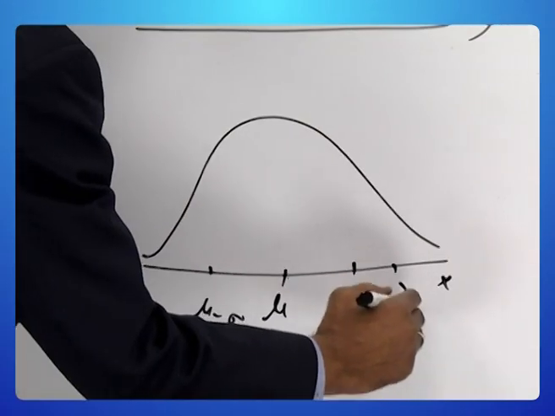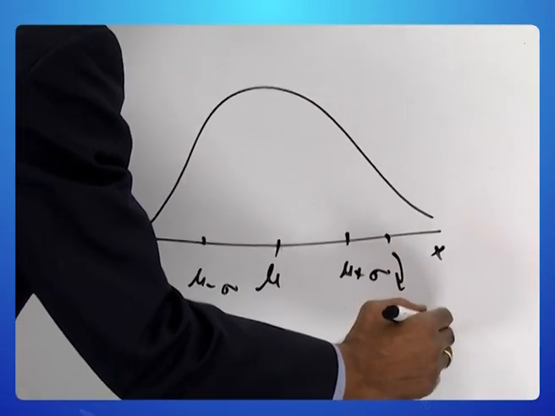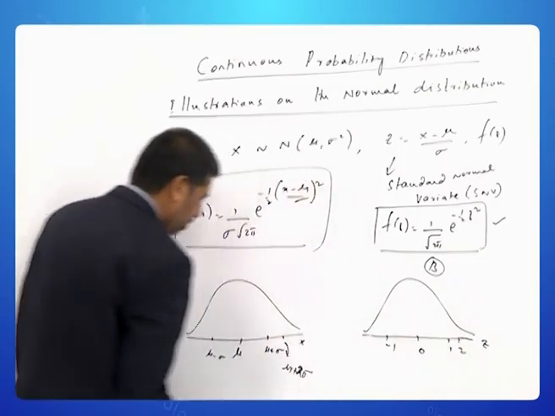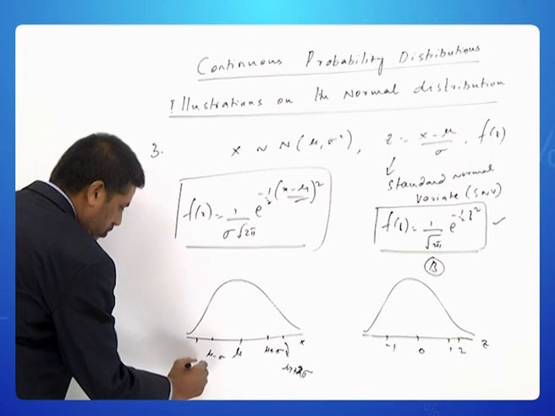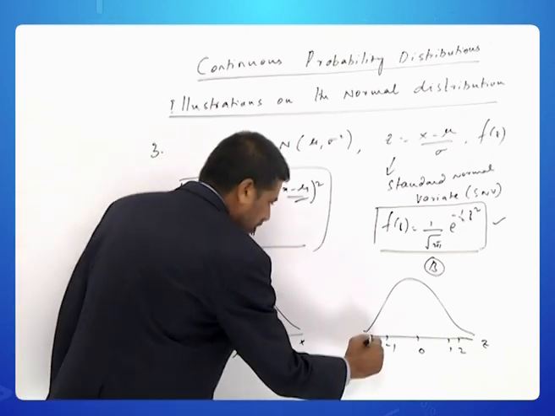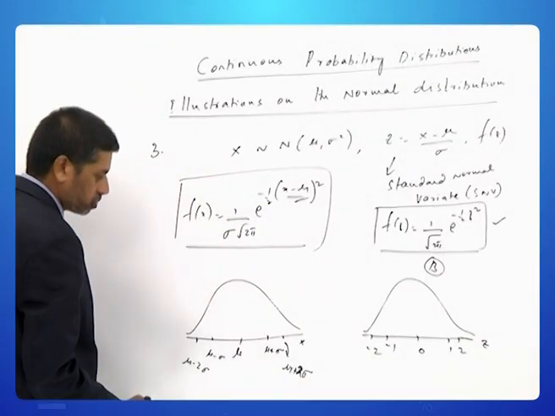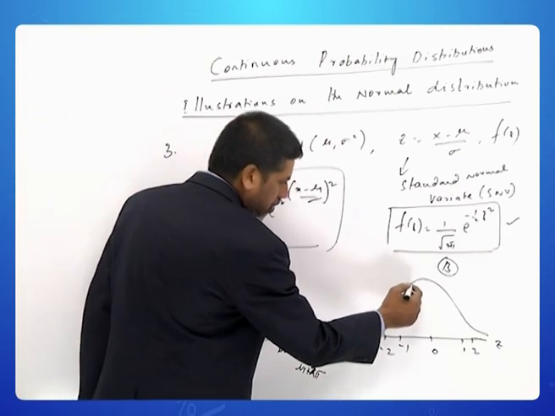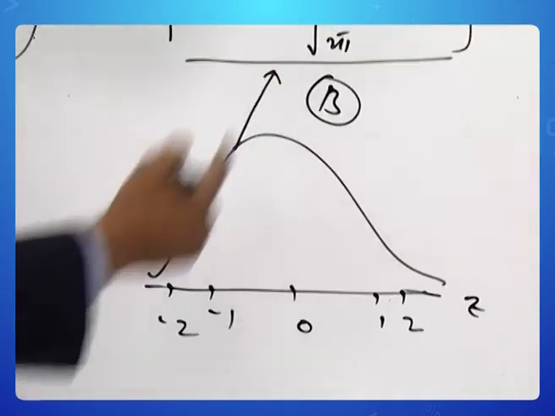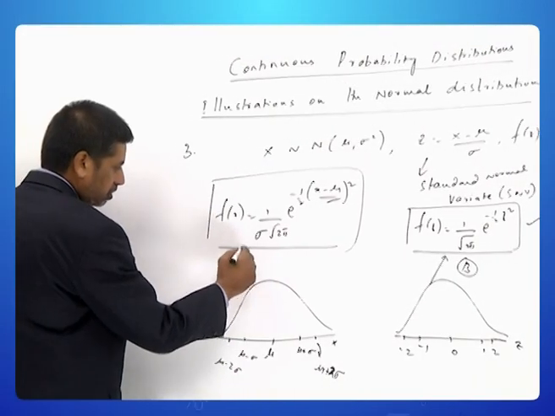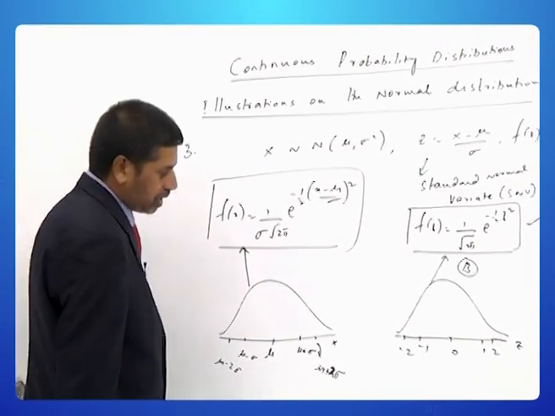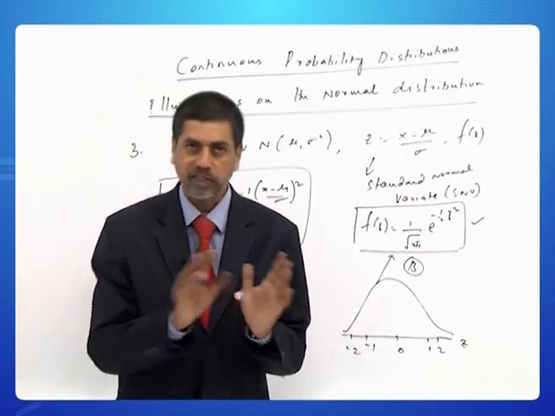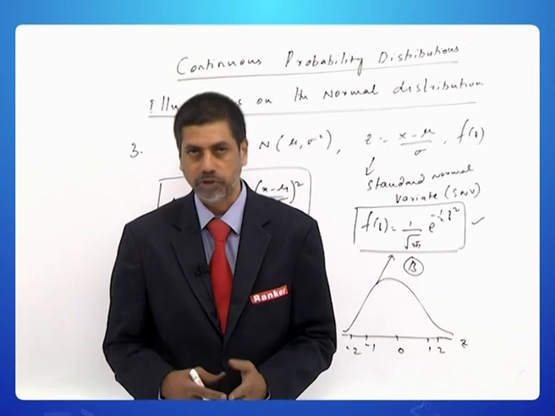If this is mean plus 2 standard deviation, then that is 2. If this is mean minus 2 standard deviation, then it is minus 2, and so on and so forth. So there is a direct mapping between this and that. So please remember, this is the density function of z, this is the density function of x. And whenever we do numerical problems, we standardize it in terms of z and do the computations.